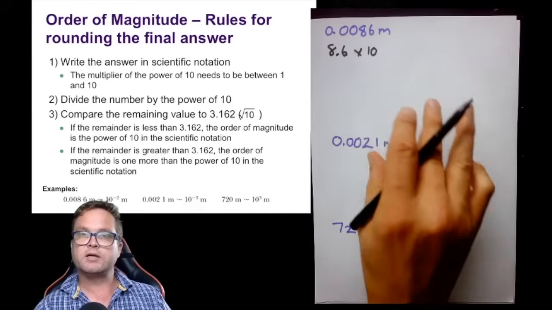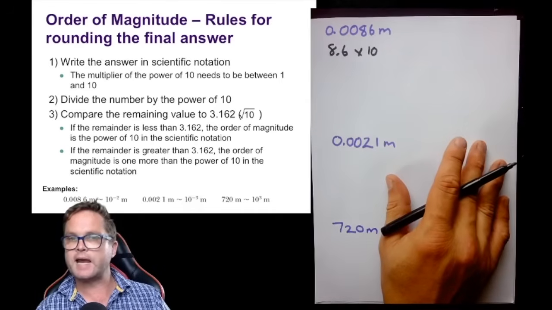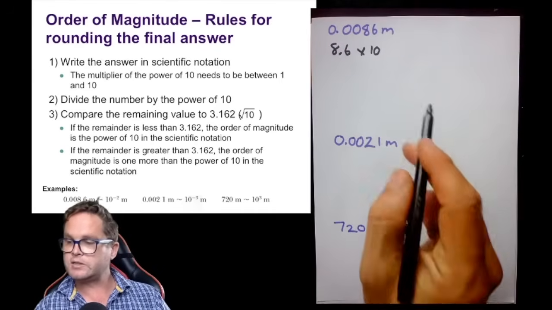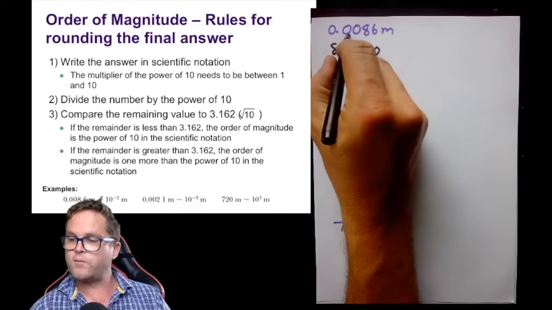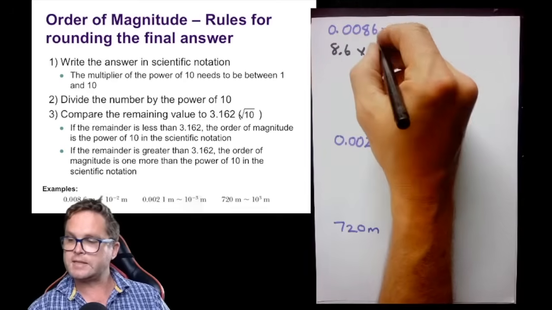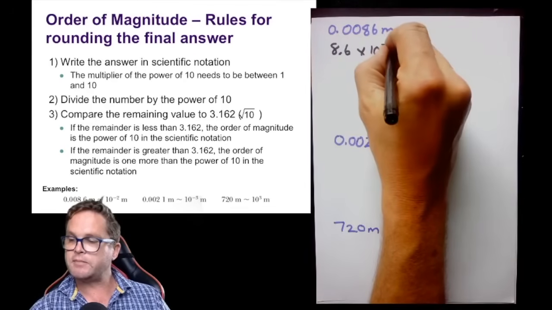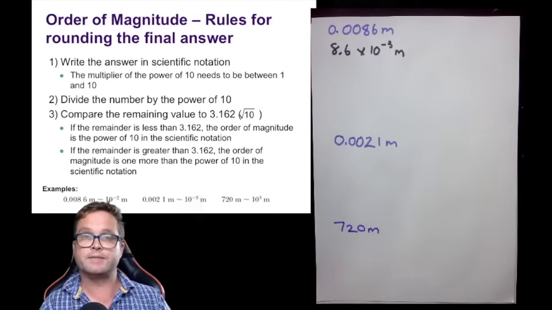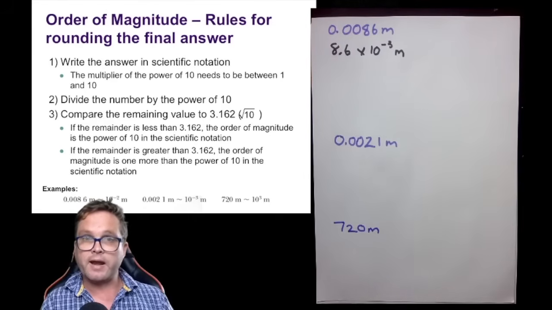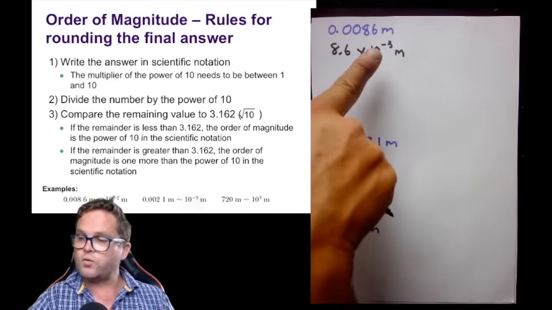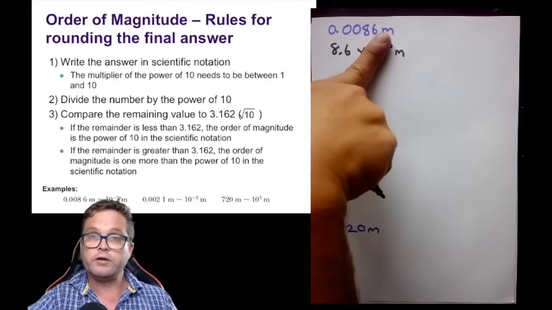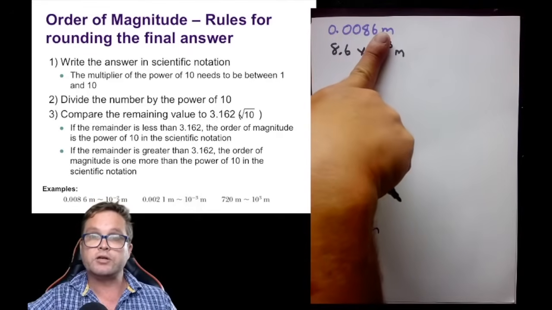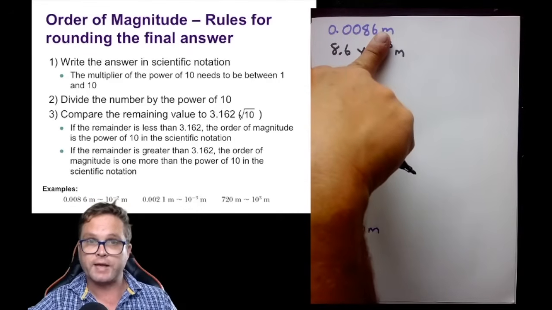So we write 0.0086 as 8.6 times 10 to the minus, I would need to move this comma 1, 2, 3 spaces. So it's times 10 to the minus 3 meters. That's the first step of the recipe. The second step says divide the number by the power of 10. Another way of thinking of that is to just ignore this power for now. We're not going to look at this power, we're just going to look at the number in front.